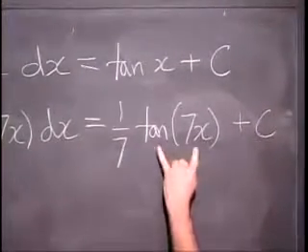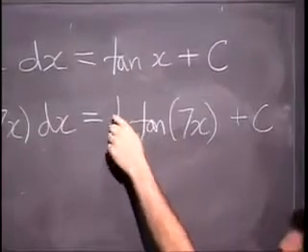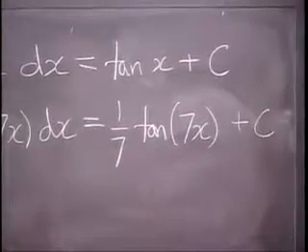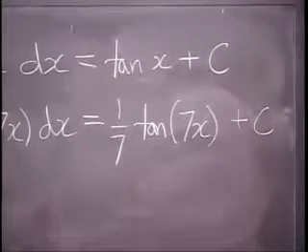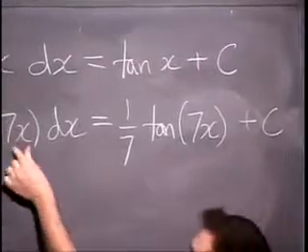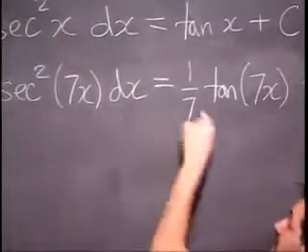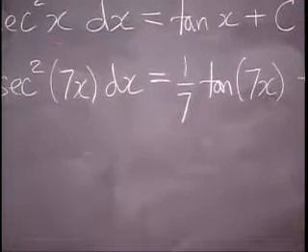Indeed, the derivative of tan 7x would be secant squared 7x times 7, but then we would divide by the 7. So it's the opposite. When you differentiate with a constant multiple of x, you multiply. But if you integrate with x replaced by a constant multiple of itself, you divide by that. Here's another example.